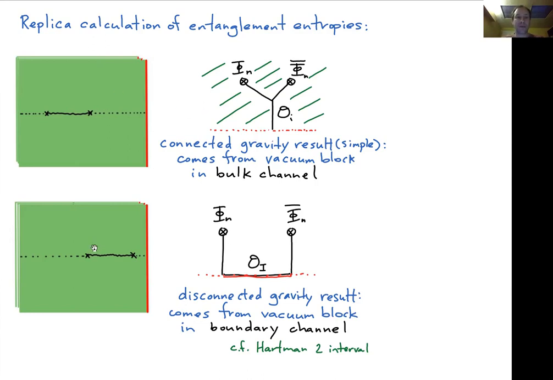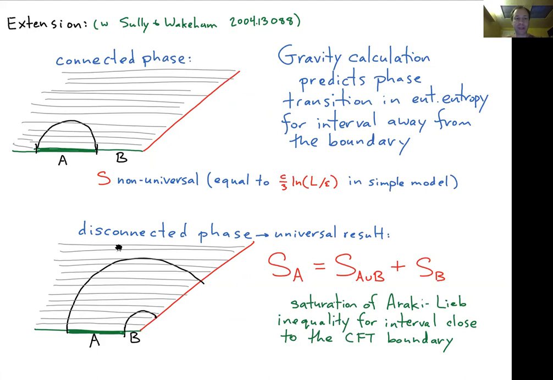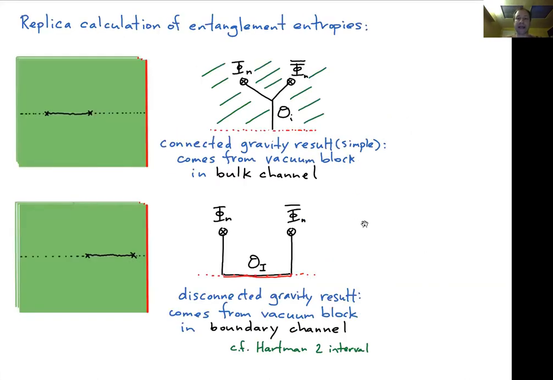Then the way that we can understand this phase transition that I mentioned in the previous slide is that there are different channels in which you can expand the 2-point function. You can write the 2-point function of these twist operators either using a bulk operator product expansion to re-express the 2-point function in terms of a sum of 1-point functions, or you can use something called the boundary operator expansion, where any bulk operator can be expanded in terms of boundary operators that are localized to the boundary of our CFT.